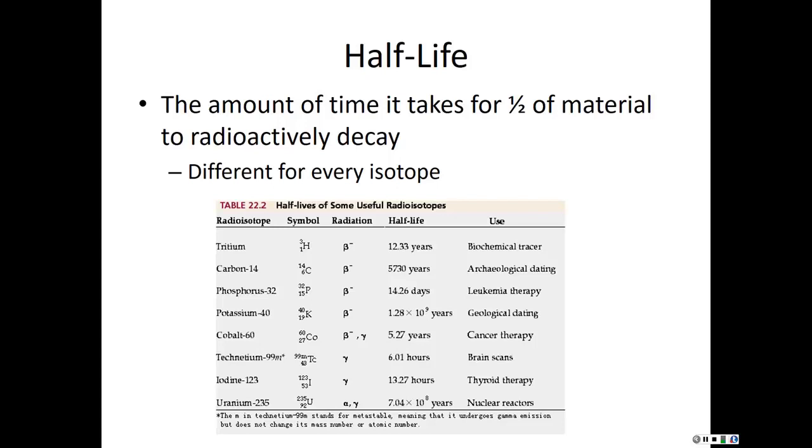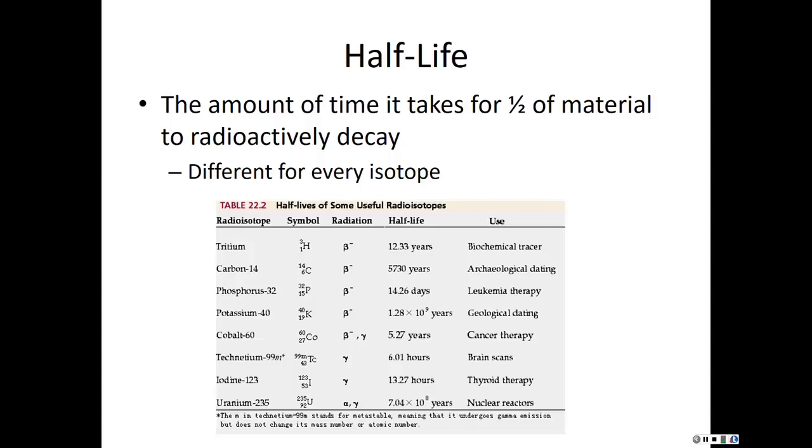In the amount of time of a half-life, half of your material will decay. So if I start with 100 grams of something, after one half-life, half of that is going to disappear. So now I'm going to have 50 grams.